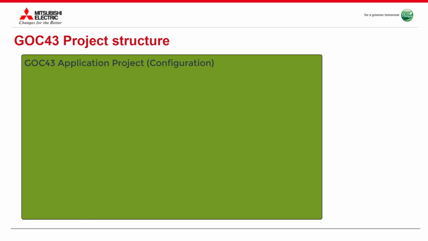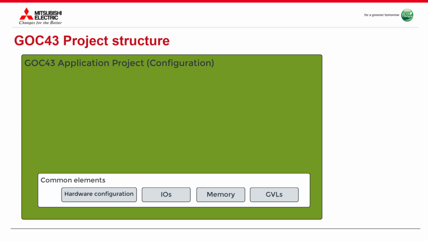Before creating your first GOC43 application, let's understand concept of control application in IEC 61131 standard. Diagram shows software project model defined in the standard. At the highest level, the control application required to solve a particular control problem can be formulated as a configuration.